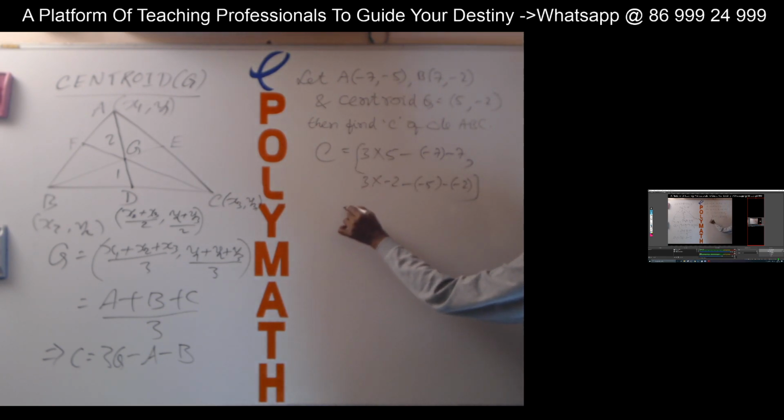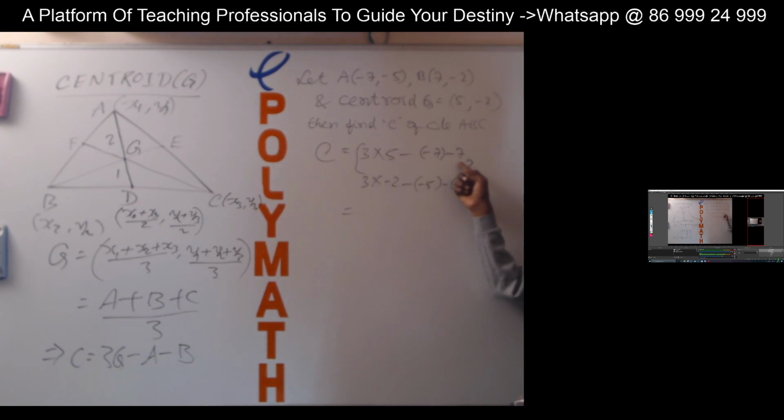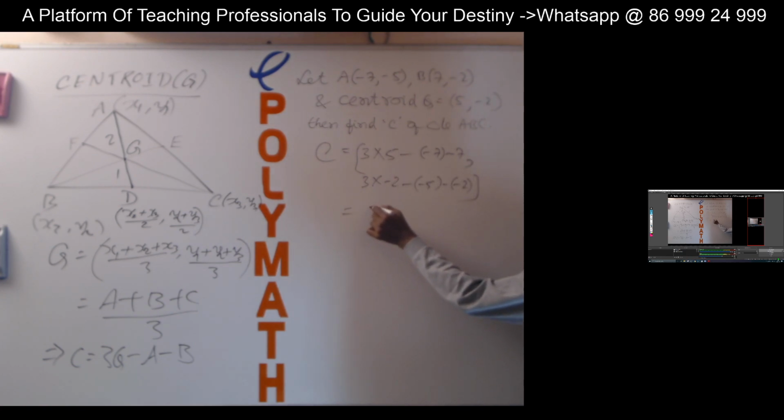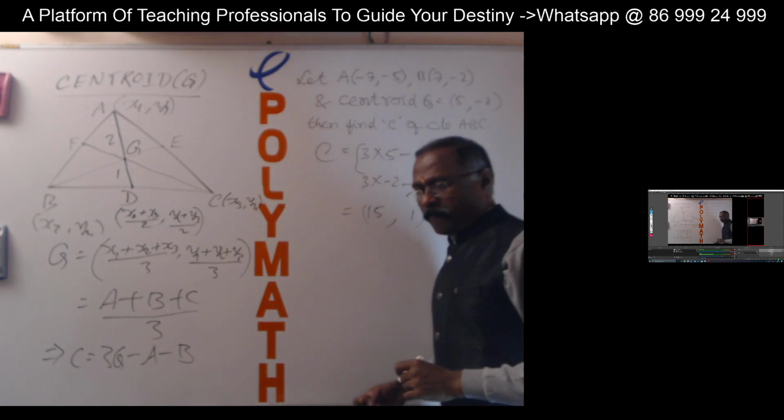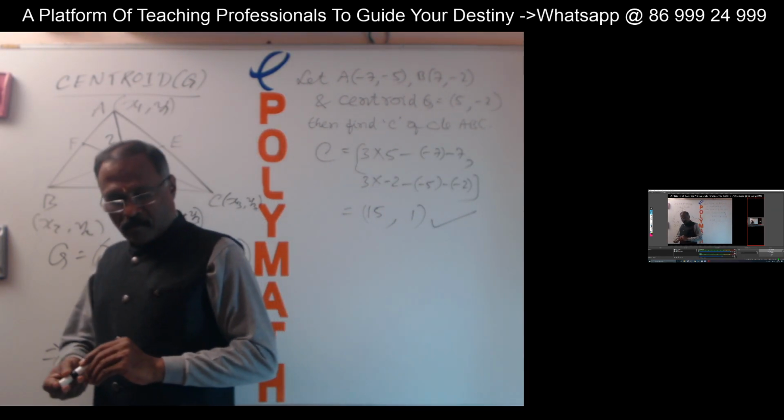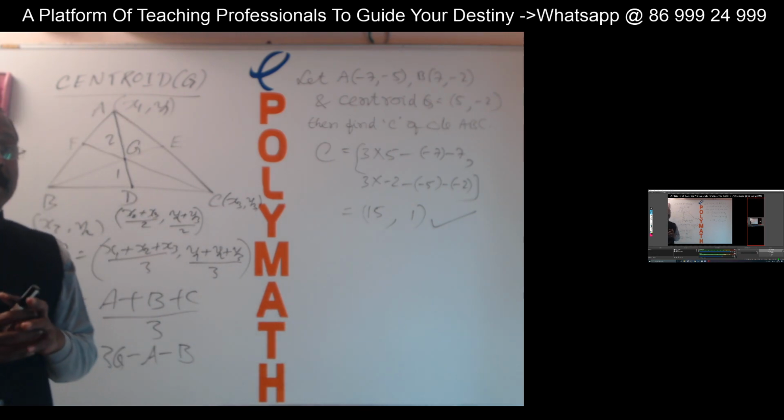So it is 15 plus 7 minus 7, getting cancelled, so it is 15. And it is minus 6 plus 5 minus 1 plus 2, minus 1 plus 2. So (15, 1) is the third vertex.